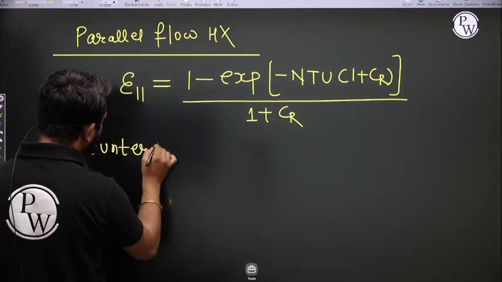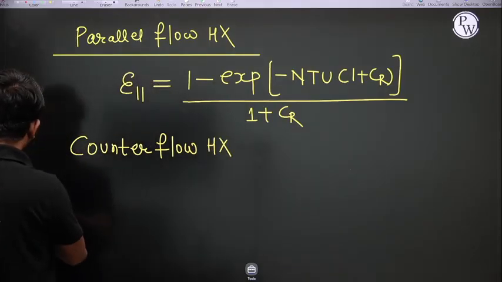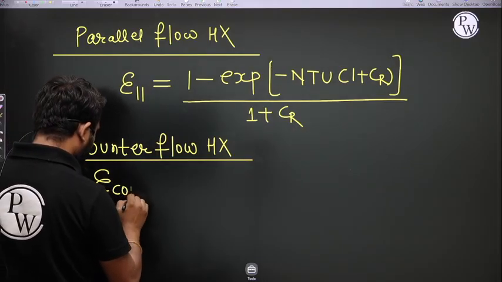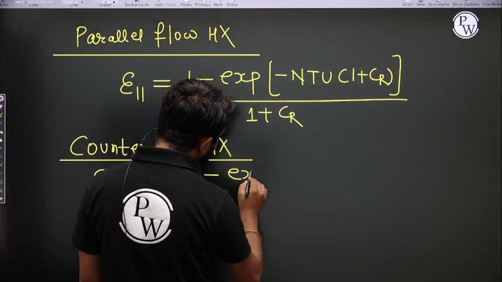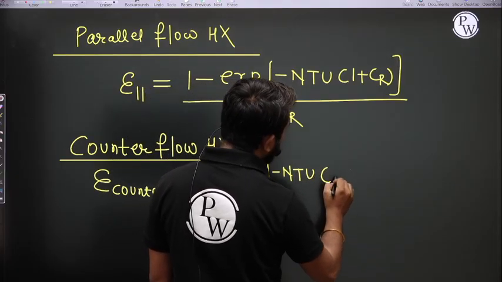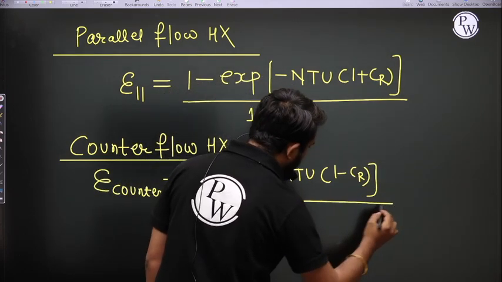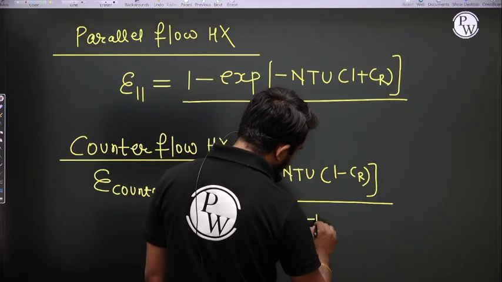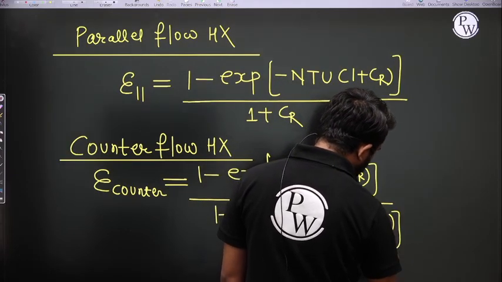For the counter flow heat exchanger, that effectiveness is 1 minus exponential of minus NTU times (1 minus CR), upon 1 minus CR times exponential of minus NTU times (1 minus CR).